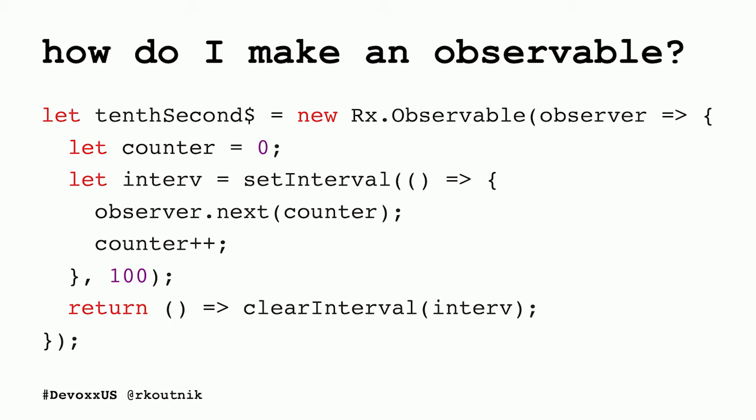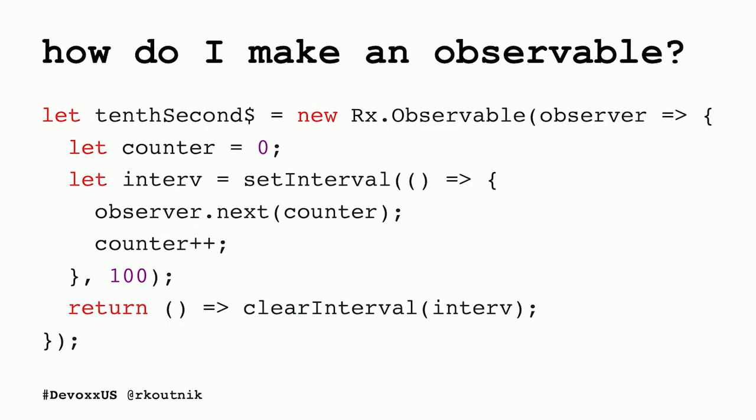So let's make an observable. Enough talk about what they are. Let's actually put one together. So line by line. First off, declare the variable tenthSecond$. In observable land, often we add a $ sign to the end of a variable as a sort of notation to say, this is an observable, you're going to call observable methods on it, et cetera. If you don't like it, don't do it. I use it here for illustration purposes, and that's what the $ sign is for.